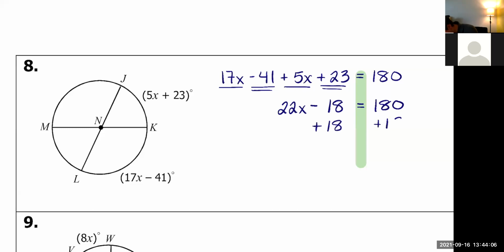Add 18 to both sides. I get 22x equals 198. Divide both sides by 22. X equals 9.